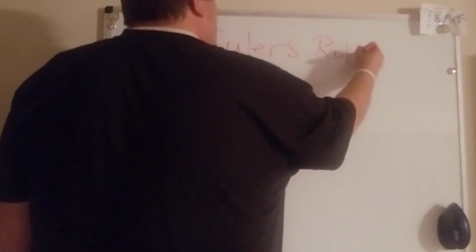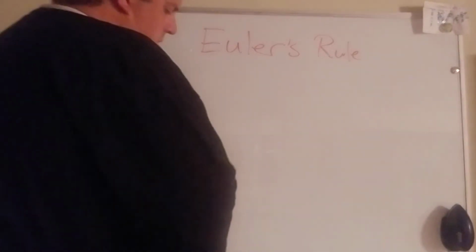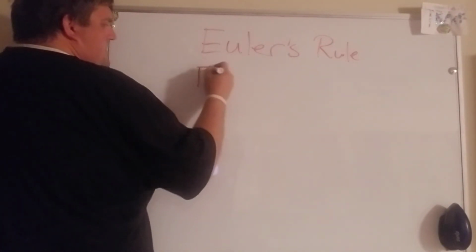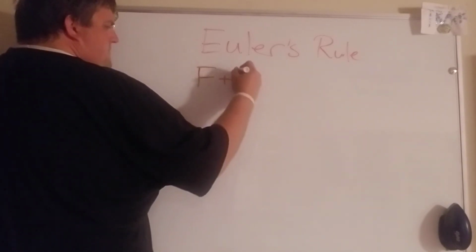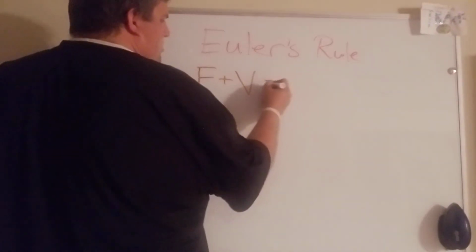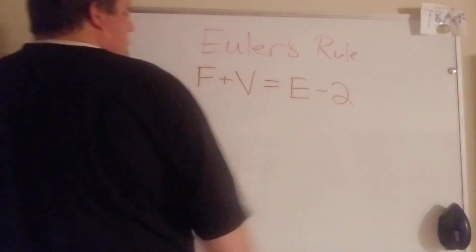Euler's rule. This guy Euler found out that if we're talking about three-dimensional shapes, if we take the faces plus the vertices, they're going to equal how many edges there are minus 2.